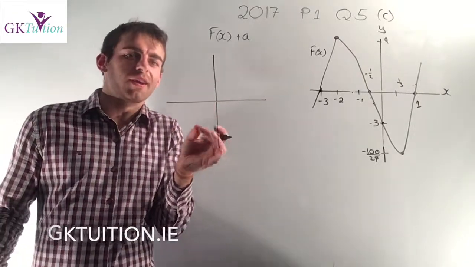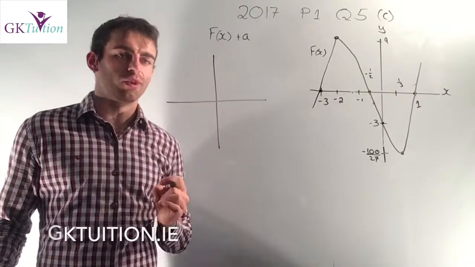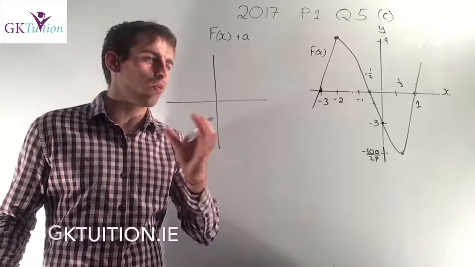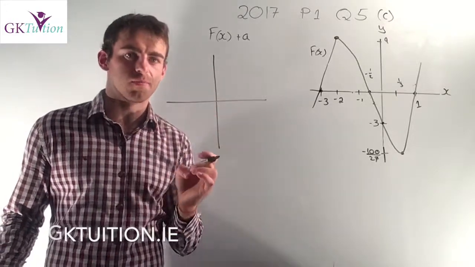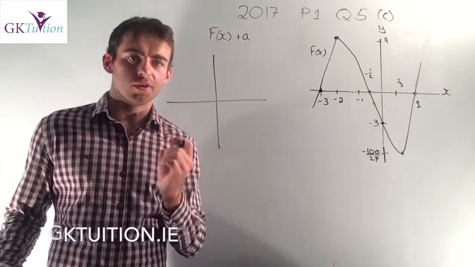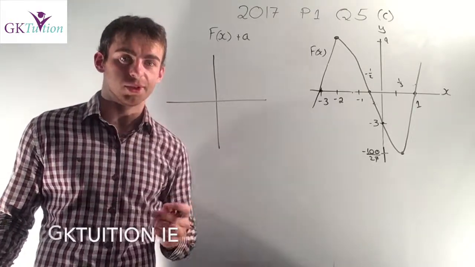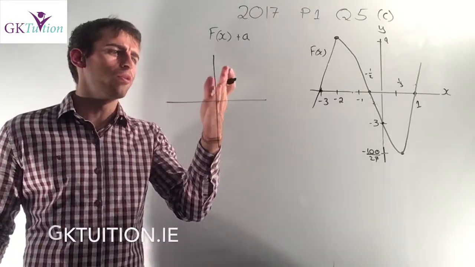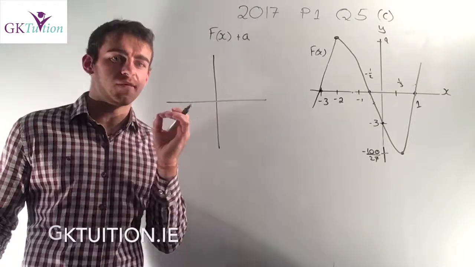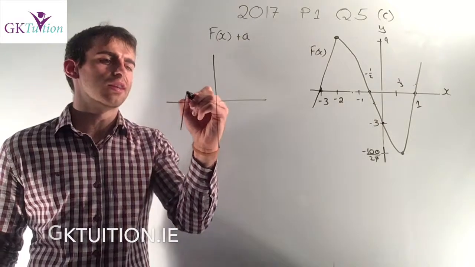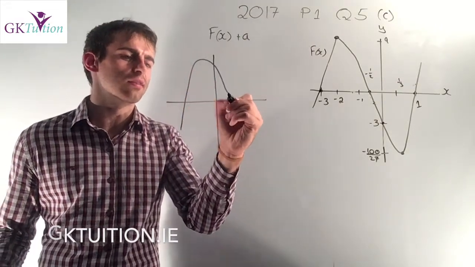My cubic can only have one real root. But every cubic has 3 roots. No matter what I do to the function, it will have 3 roots. If it has one real root, the other 2 are going to have to be imaginary. They still exist, but they're complex numbers. So in order for f(x) + a to have only one real root, one of the possible scenarios is that it looks something like this.